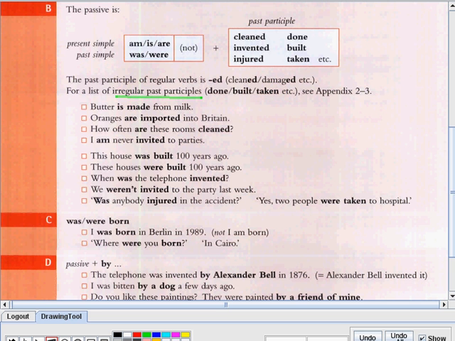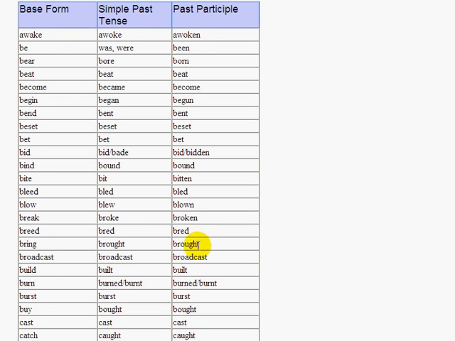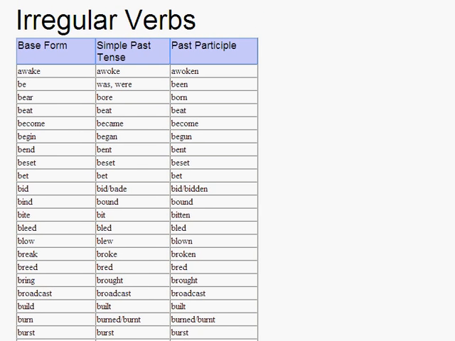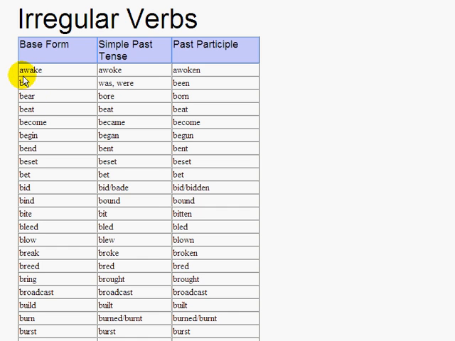Now I'm gonna show you just, okay? This is a list of irregular verbs. Base form is awake. This is an example. Awake, awoke for simple past tense, and awoken for past participle.